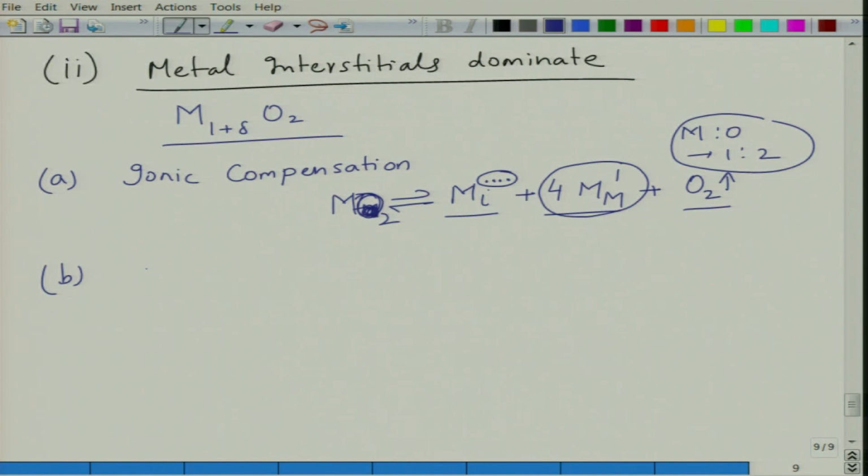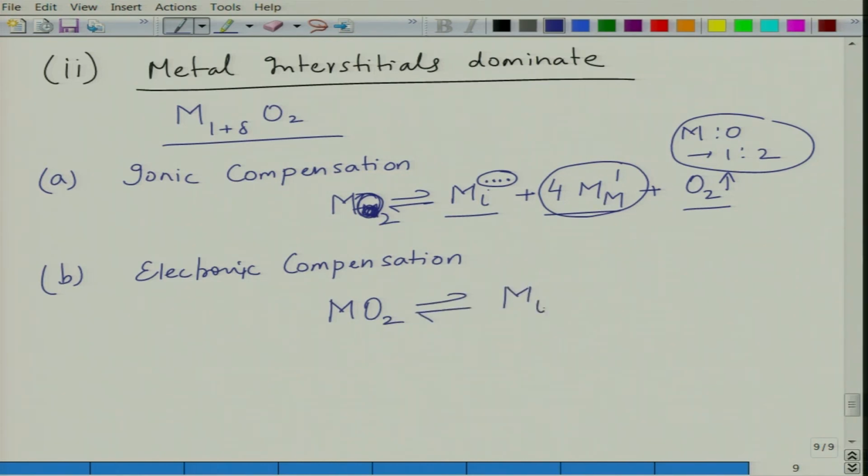Then we write the electronic compensation reaction. Electronic compensation will mean formation of, so you will have MO2, M goes to the interstitial site, oxygen goes out, and you create 4 electrons.